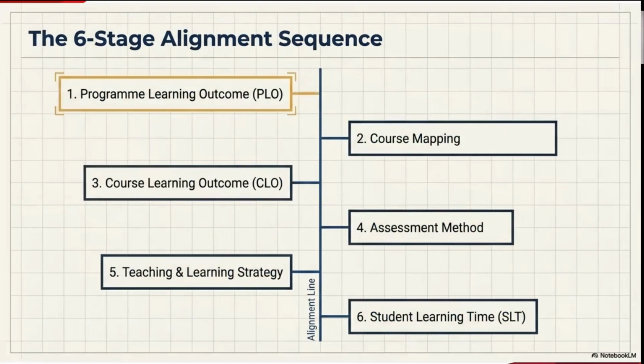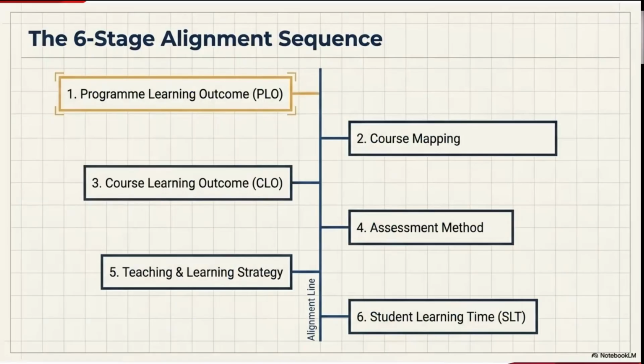The six-stage alignment sequence is that the program learning outcome must first be determined. When we are developing the program learning outcome, we have to determine the dominant domain, cognitive, psychomotor, or affective, that is going to address that particular program learning outcome. For each program learning outcome, we must then determine the courses that contribute to it, followed by the course learning outcome formulation, and the assessment method determination that will enable us to assess whether the student has indeed achieved that course learning outcome.